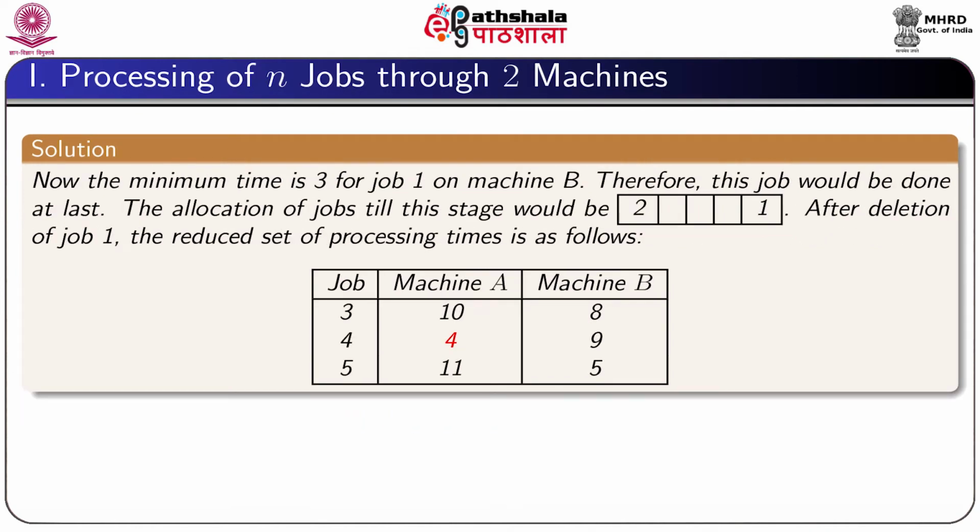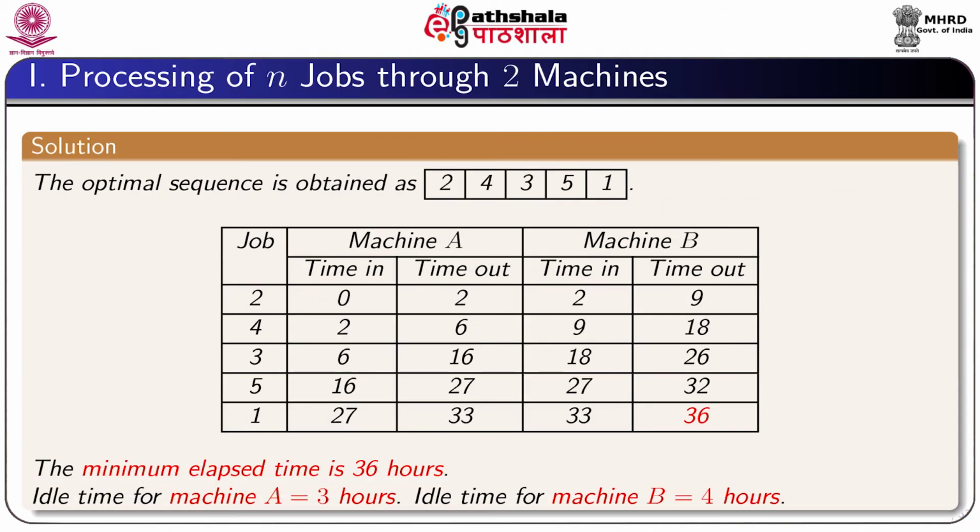Now, again we will find the reduced set of processing times by eliminating job 1, and now we have only 3 jobs, job 3, 4 and 5, and if we follow the same technique, finding the minimum processing time, then ultimately we will get the optimal sequence as 2, 4, 3, 5, 1.